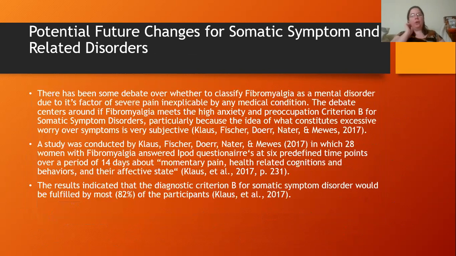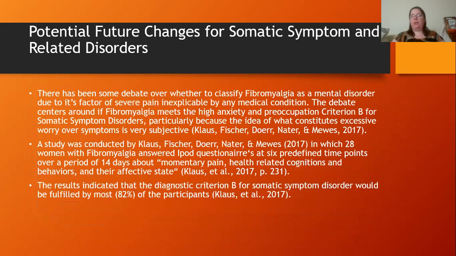I came across an article that was very interesting in examining potential future changes for somatic symptom and related disorders. Apparently there has been some debate over whether to classify fibromyalgia as a mental disorder due to its factor of severe pain inexplicable by any medical condition.